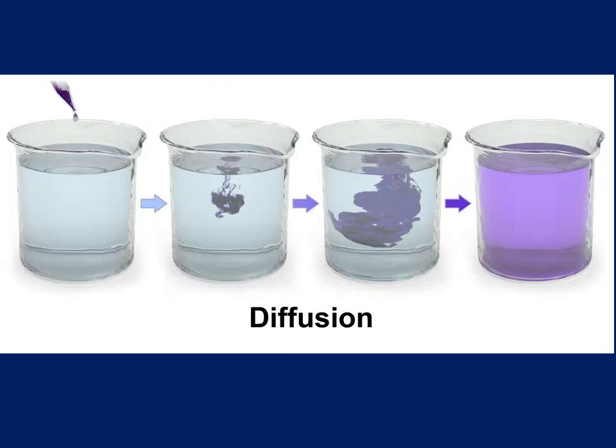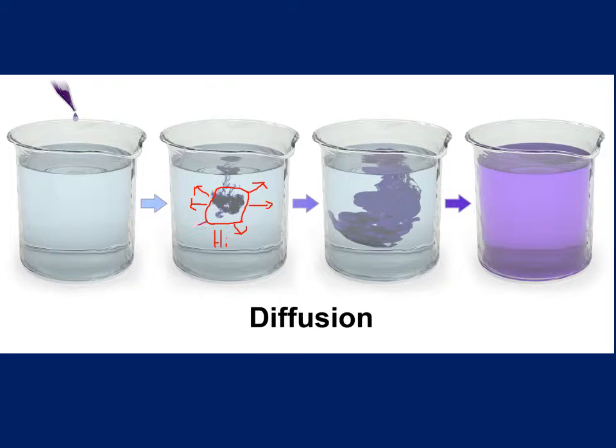And you drop that food coloring in, and you can see here it's an area of high concentration. And basically a lot of biology is diffusion. You have this area of high concentration, and it's going to want to diffuse from high to low concentration.